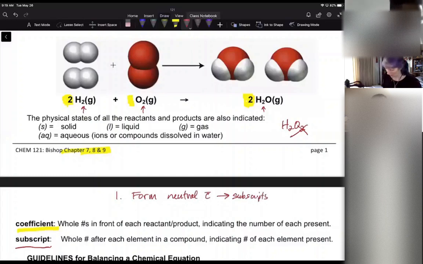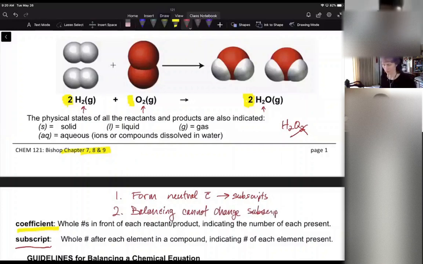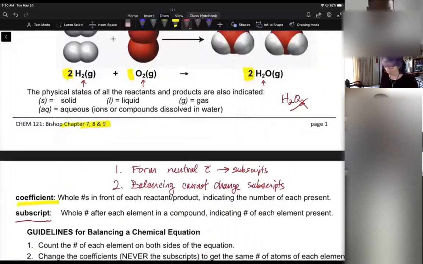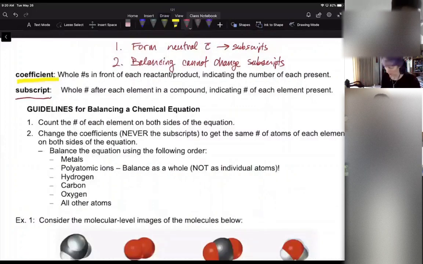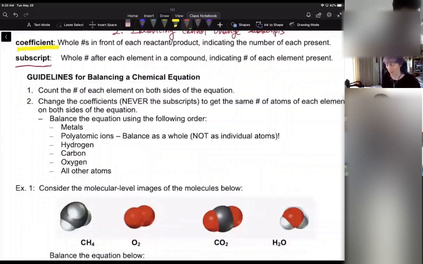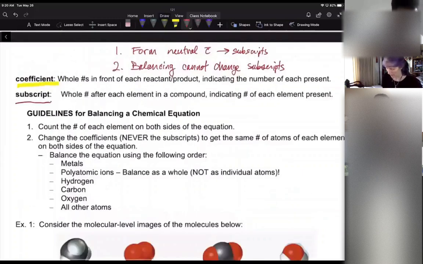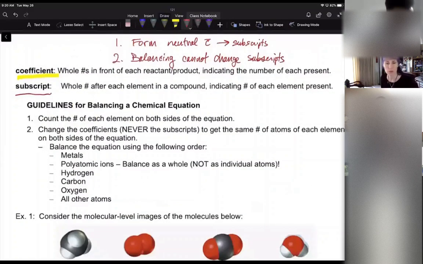Then when we balance, we cannot change the subscripts. All right, so we are going to basically be looking at conservation of mass. So we have the right number of elements on each side of the arrow. The arrow is like the equal sign, and we're going to make sure that we have the right number of each element on both sides of the equation. And we're only going to change the coefficients, not the subscripts.